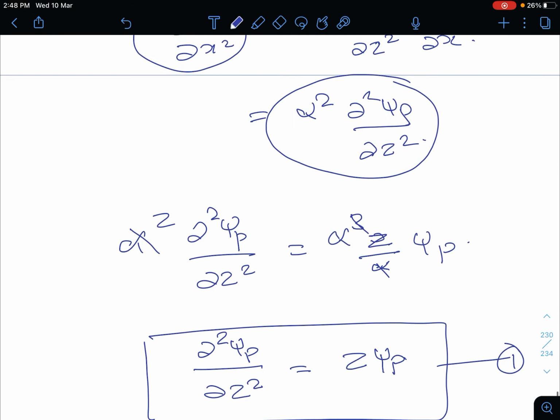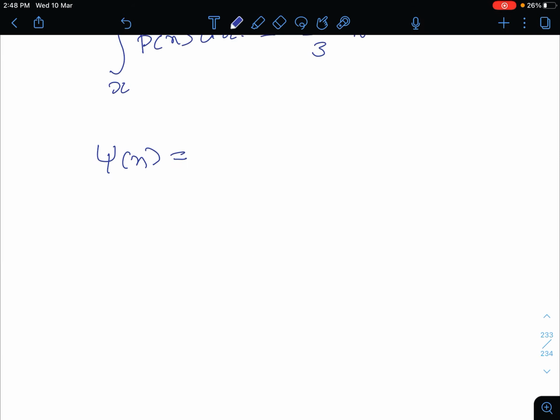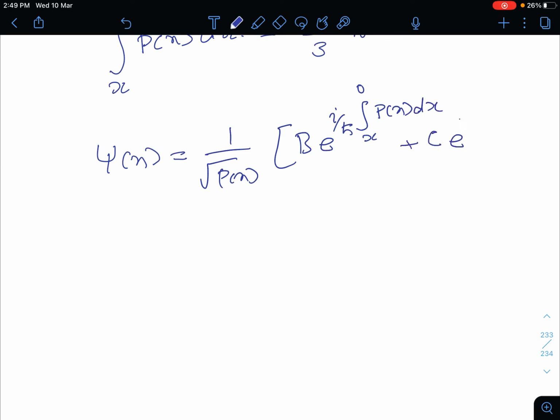So for x less than 0, psi of x we have got it as, let me check, 1 by root of p of x, b e raised to i by h cross integral x to 0 p of x dx, plus c e raised to minus i by h cross integral x to 0 p of x dx. Clear?